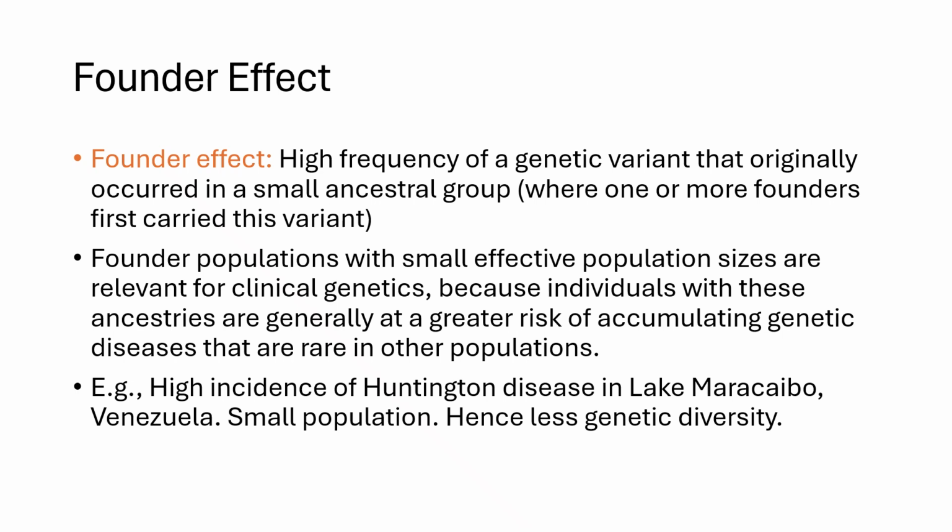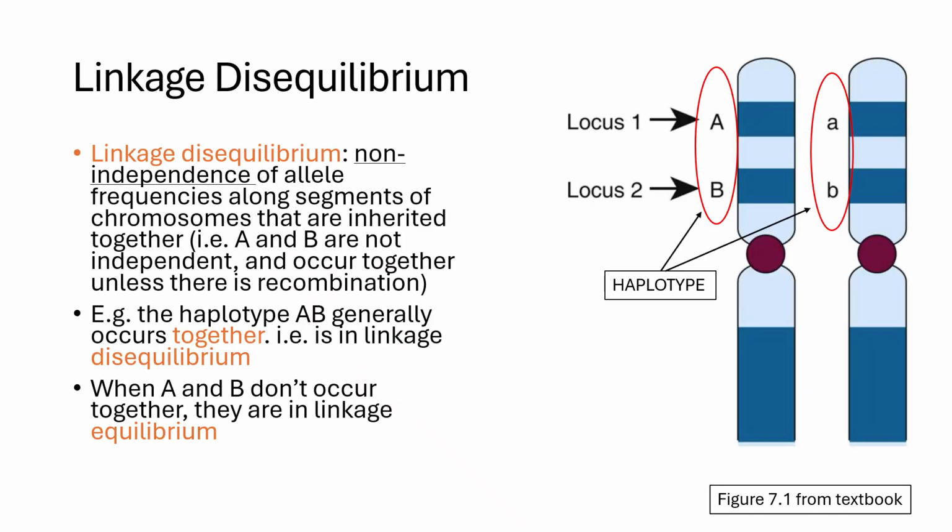For example, there is a high incidence of Huntington disease in Lake Maracaibo in Venezuela. It's a small population, hence there is less genetic diversity, so there are more people who are partnering with other people with the same type of genetic variant, and hence there is a higher incidence of Huntington disease in that population.